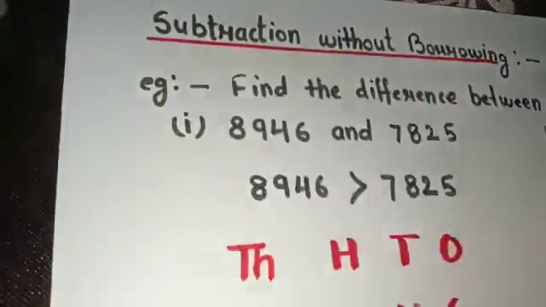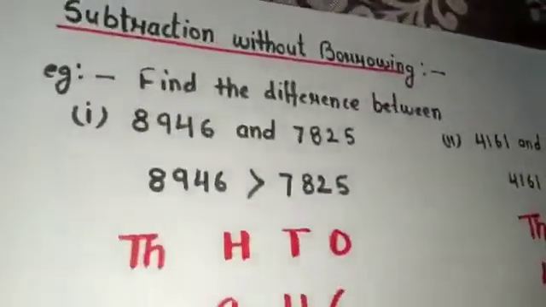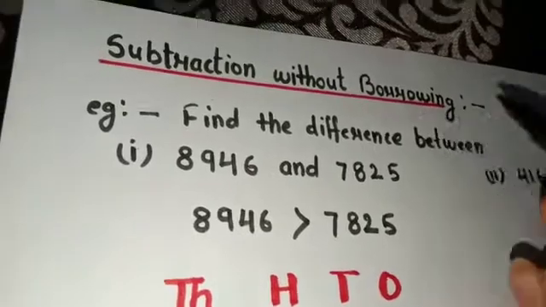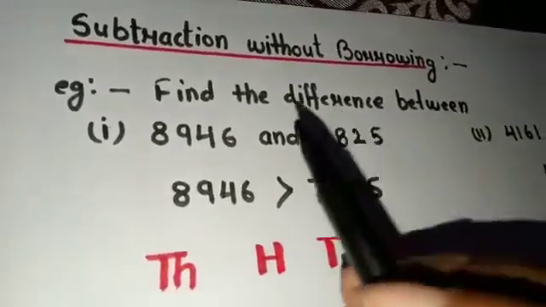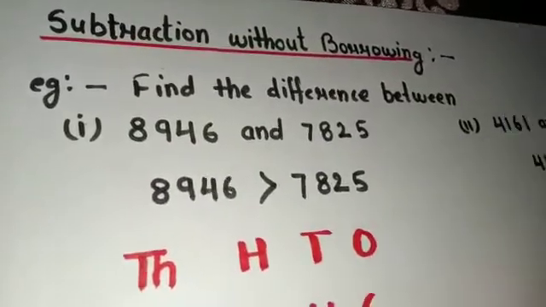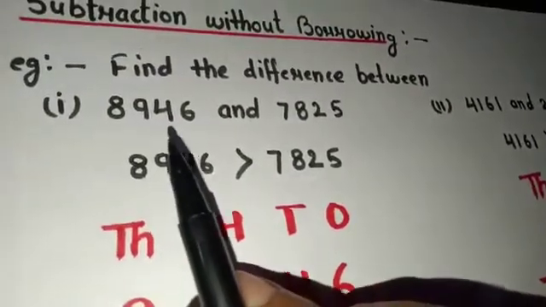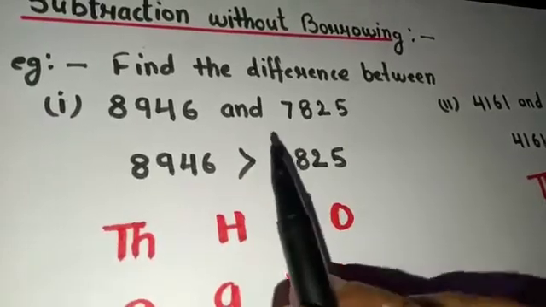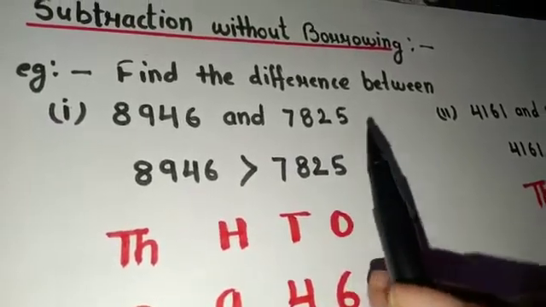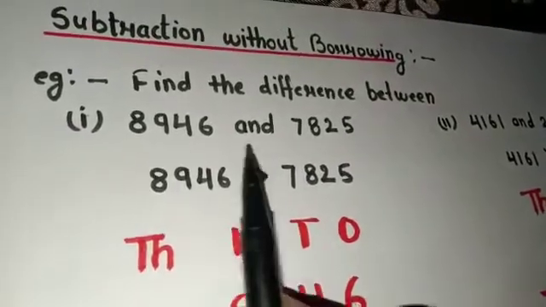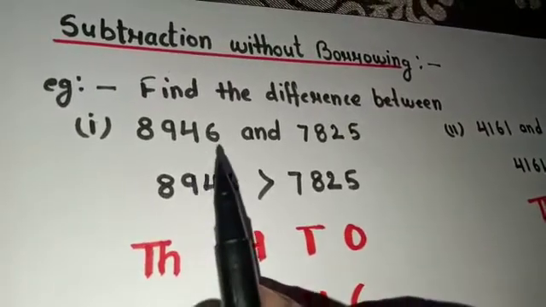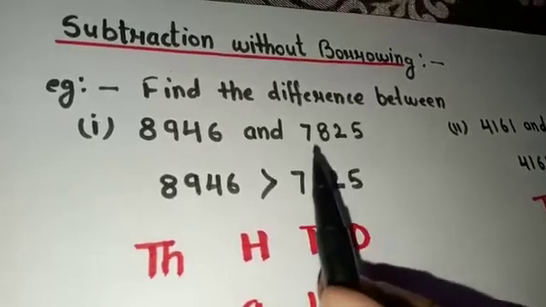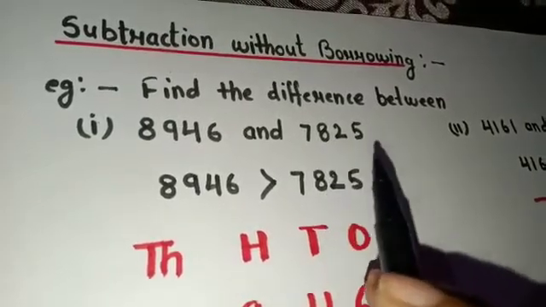Now subtraction without borrowing. We can understand it by an example and find the difference between 8,946 and 7,825. In these two numbers, 8,946 is greater than 7,825.